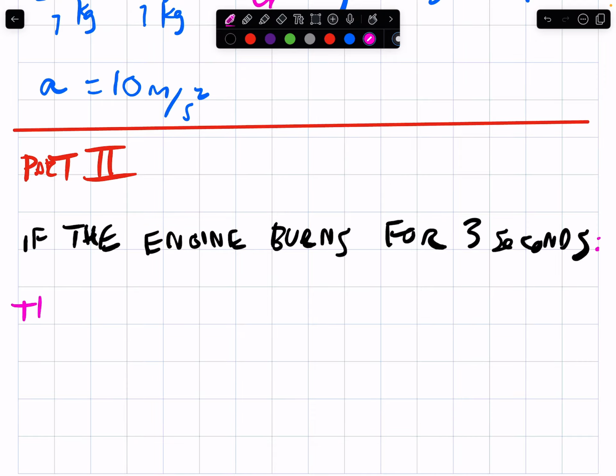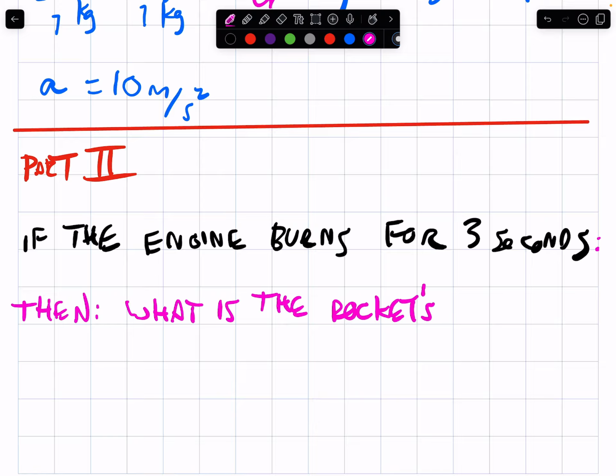Then we want to know a couple of things. So how fast is the rocket moving? What is the rocket's velocity? So how fast is the rocket moving when that engine burns out?